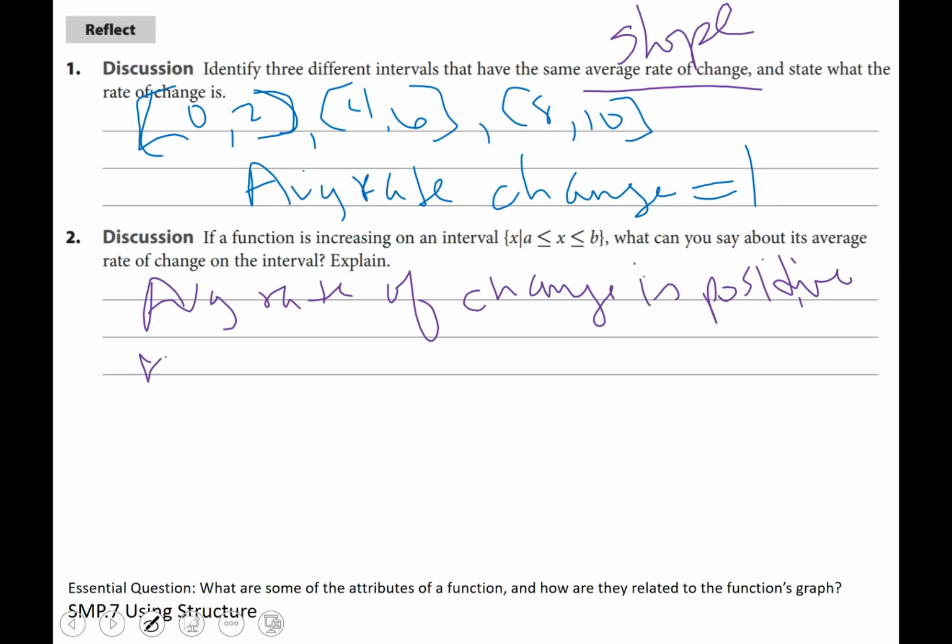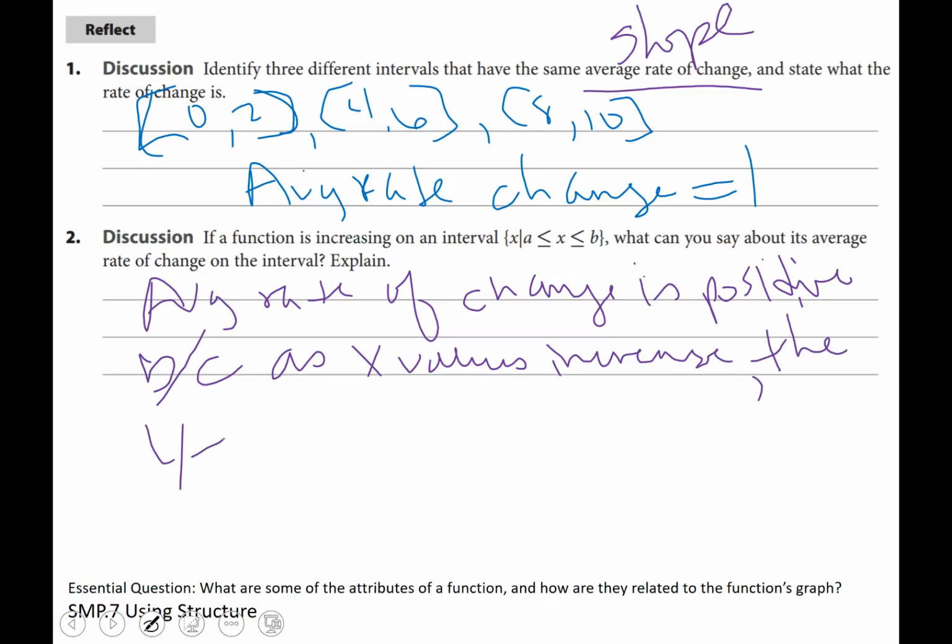Because it said we had to say why: because as the x values increase, the y values also increase. I apologize for my handwriting. I'm hoping to get a different pen that makes it a little bit better on the next few lessons. So average rate of change is positive because as the x values increase, the y values also increase.